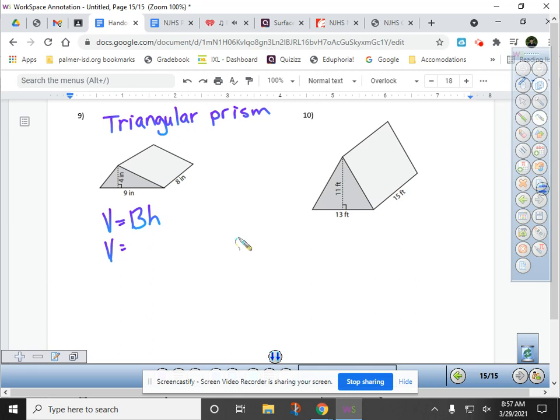Please stop mumbling. What was the area of the base? 18. And the height of the whole thing? 8. And 18 times 8? Good.